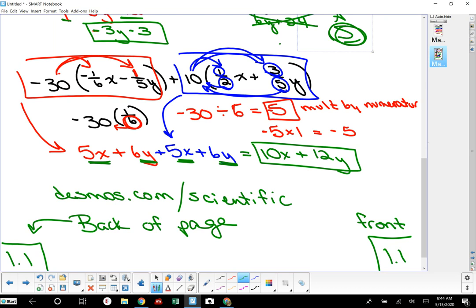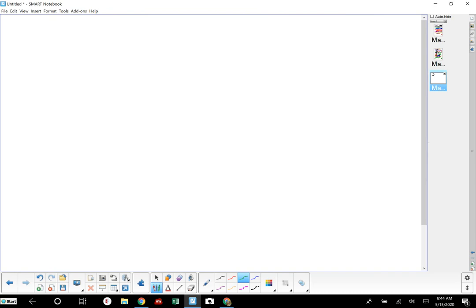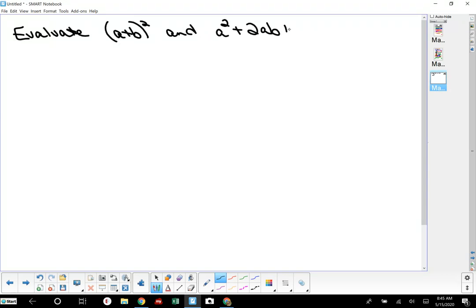All right, so the last thing I want to do here is a problem. Again, more to point out the order of operations than anything else. I know this is a problem in the varsity assignment you're going to do for me. So it says evaluate a plus b quantity squared and a squared plus 2ab plus b squared.